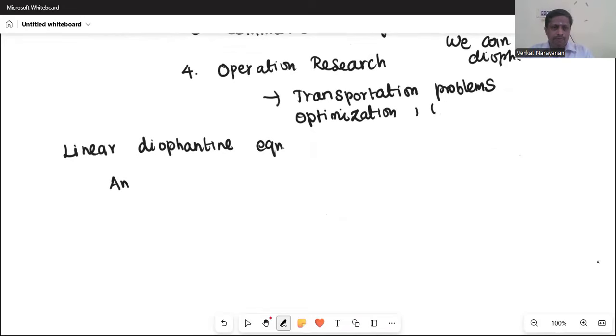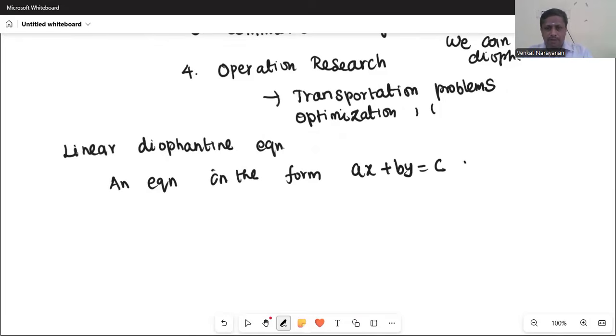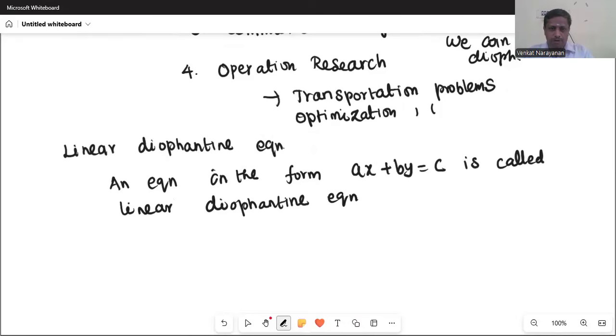An equation in the form ax plus by equal to c is called a linear Diophantine equation.